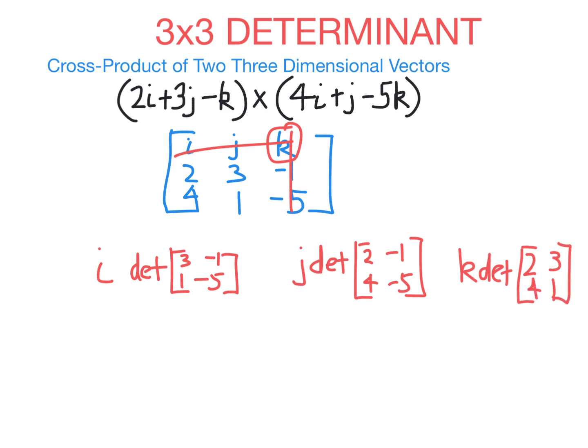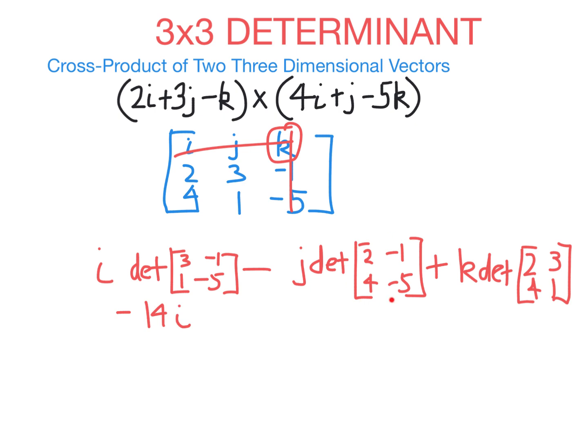So when you're calculating this, note that each of these alternate in sign. The first one's always positive, so the next one's negative, and then the third one's positive again. So the determinant of this matrix, AD minus BC, it's -15 subtract -1, it's -14.